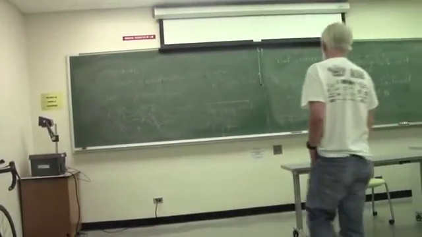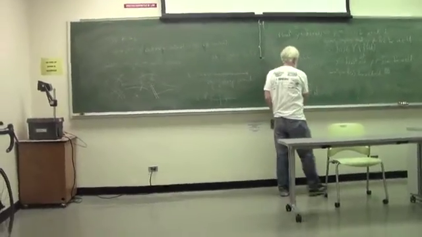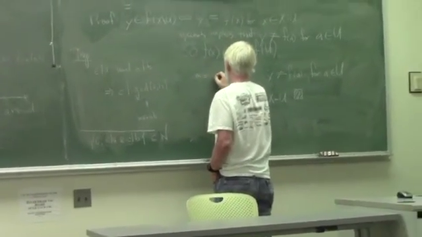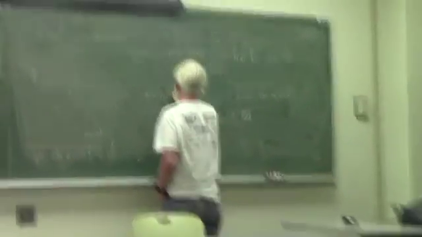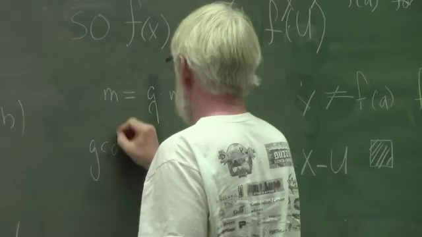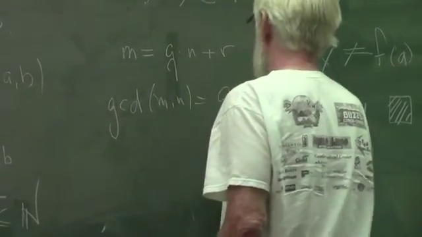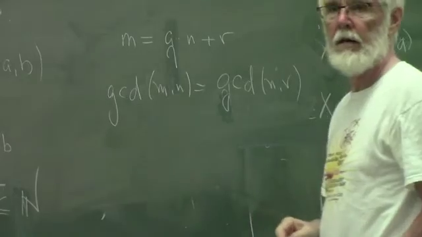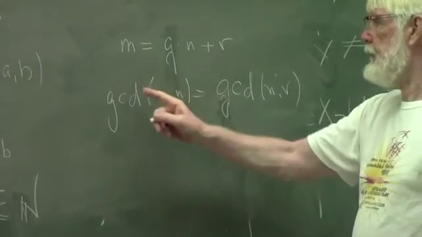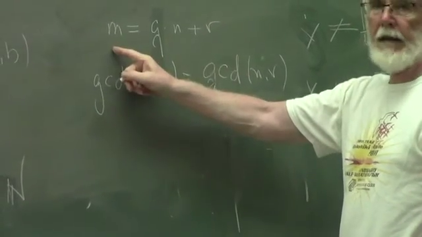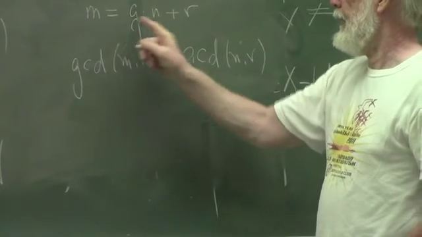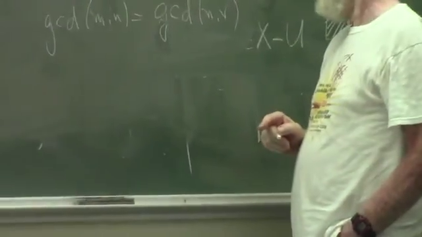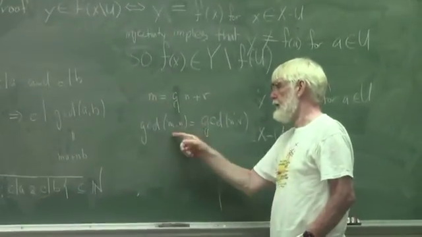When you divide with remainders, M is a multiple of N plus R. The greatest common divisor of M and N is the same as the greatest common divisor of N and R. If a number divides N and R, it will divide M. If it divides M and N, it will divide R, because you can express R as M minus a multiple of N. That's how you get that these sets have the same divisors.